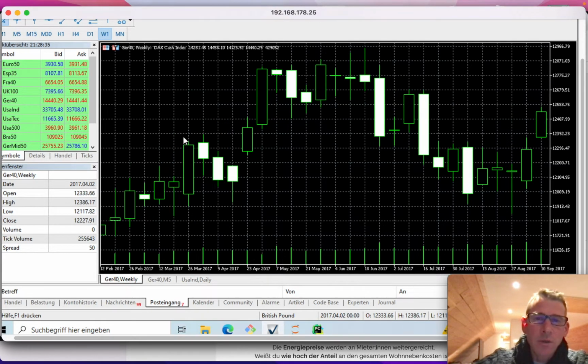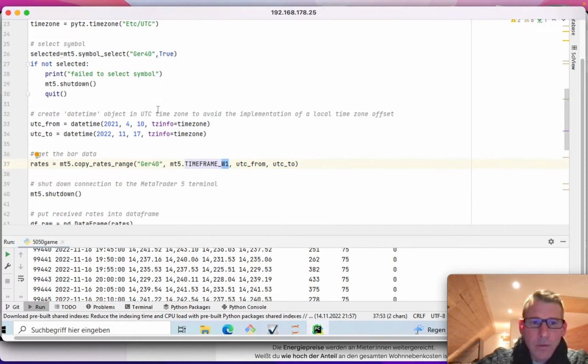This is history from the broker, all I can retrieve. They keep 100,000 bars by default, and we see the weekly bars start from February '17. I have to put in this time frame here. If I take a wrong one, the code will run into an error. So I take, what was it, the 12th, we will see.